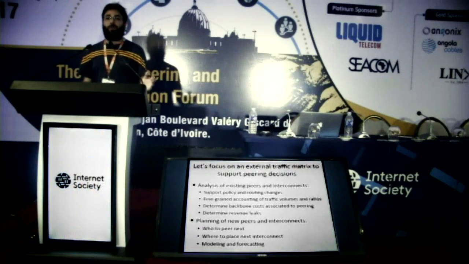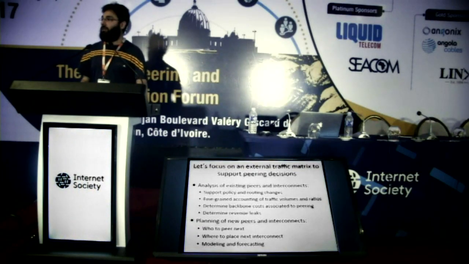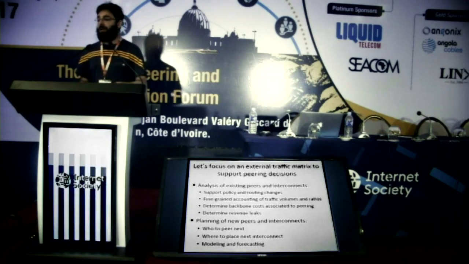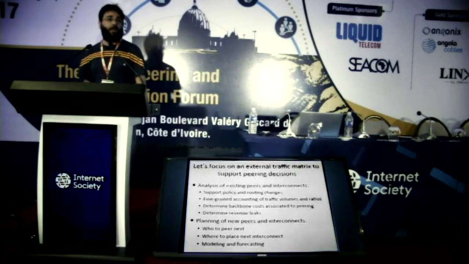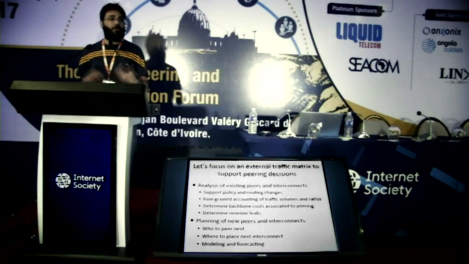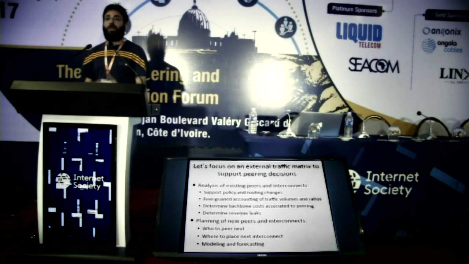As we were seeing, the internal one gives only information about our network, which is very good for traffic engineering and capacity planning internally. But the external traffic matrix also gives you information about your peers, your transit, your customers, how you are fitting in the picture, how traffic is flowing through you, and so on.